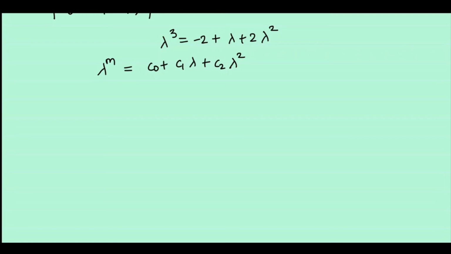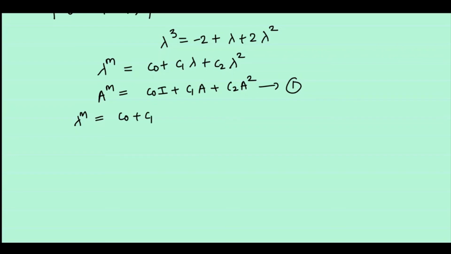Now by the Cayley-Hamilton theorem, we will get A raised to m equal to C0 I plus C1 A plus C2 A square. Mark it as equation number 1. Also we have lambda raised to m equal to C0 plus C1 lambda plus C2 lambda square. Mark it as equation number 2.